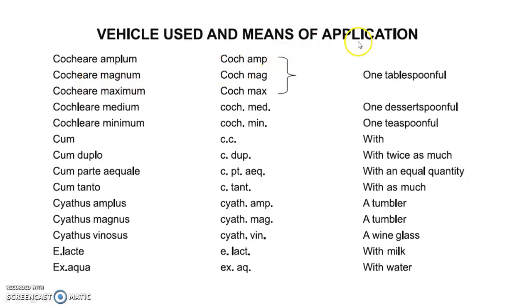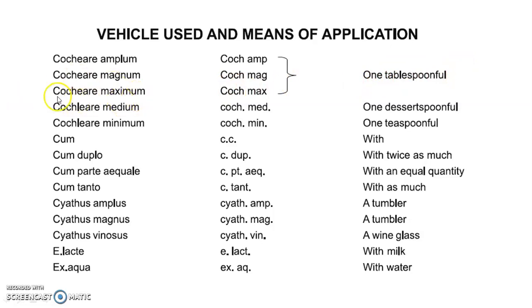Vehicles used and the means of application, that is, cochleare amplum, coch. amp., cochleare magnum, coch. mag., cochleare maximum, coch. max. For these, one tablespoonful; for all these terminologies are used.